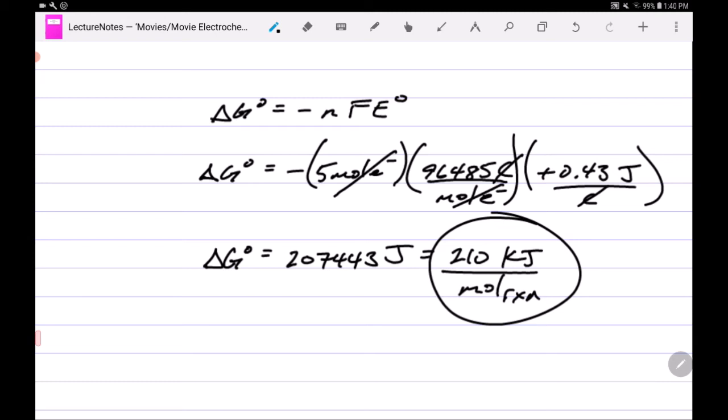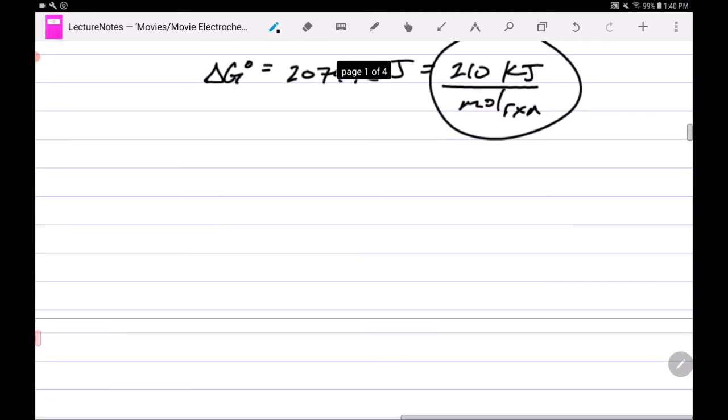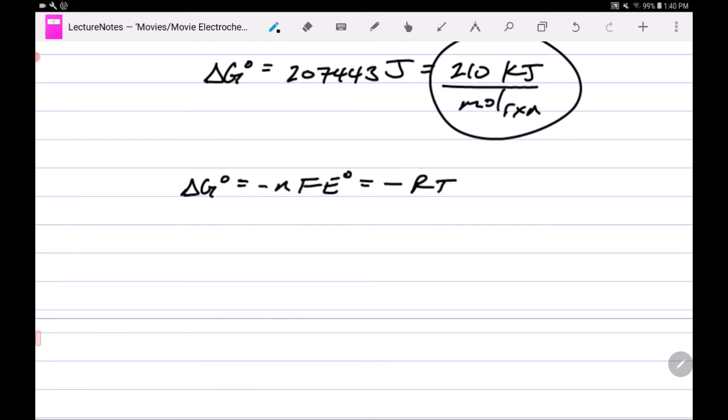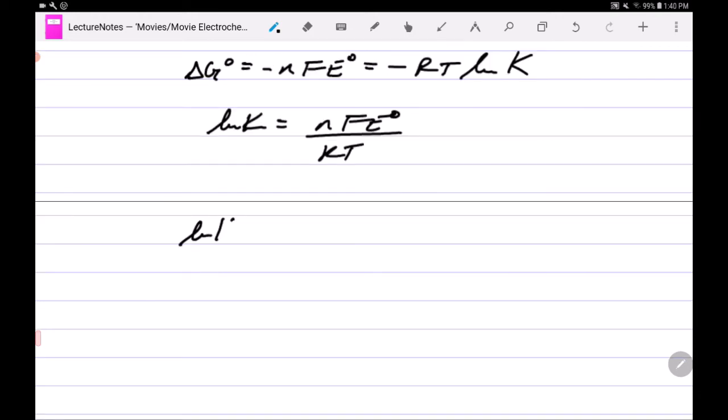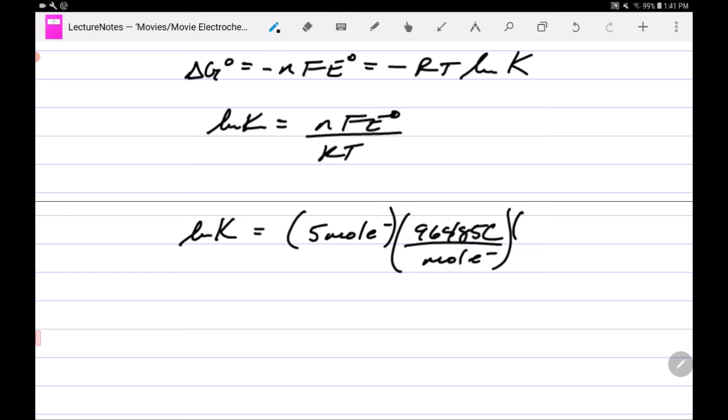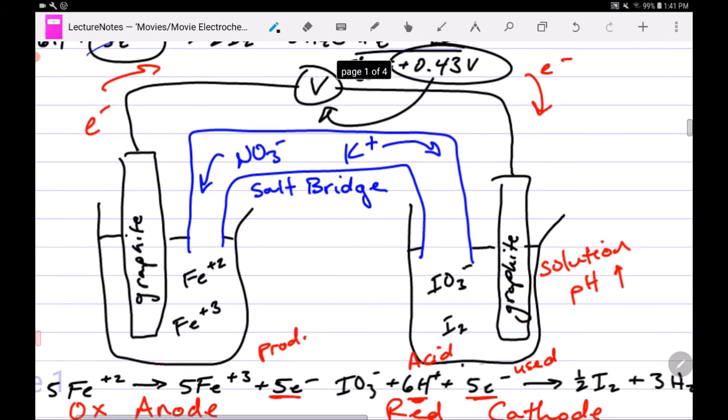If we're trying to find K, for this process, the least common multiple of electrons was 5. The cell potential, 0.43 volts.